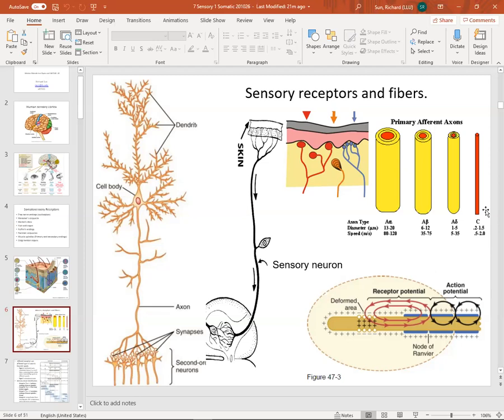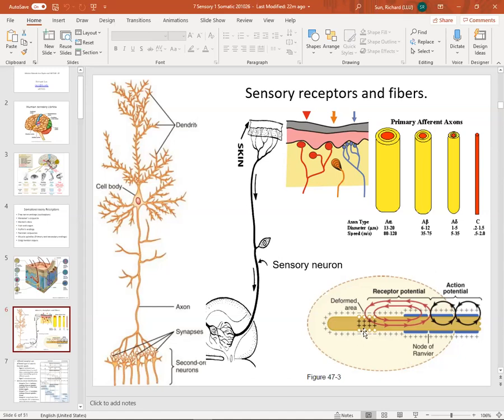Anyway, all right. These receptors are typically mechanoreceptors. For example, this is the Pacinian corpuscle, a type of receptor right here. When pressure is applied to it, it will cause a morphological change, so it will be bent.